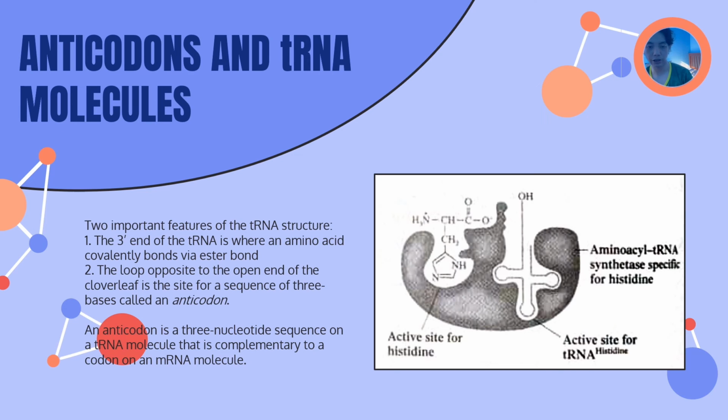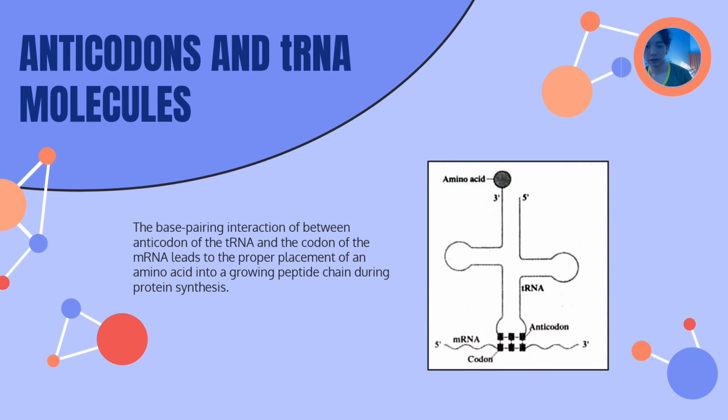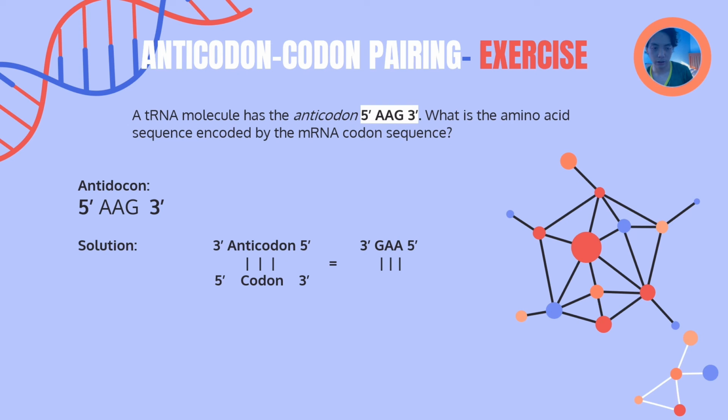The base pairing interaction between the anticodon on the tRNA and the codon of the mRNA leads to the proper placement of an amino acid into the growing peptide chain during protein synthesis. An example: a tRNA molecule has the anticodon 5'-AAG-3'.